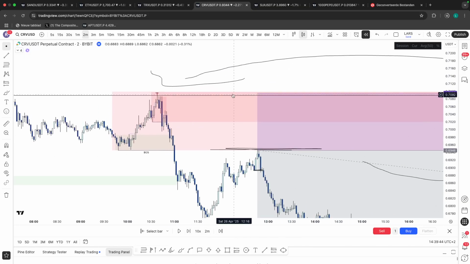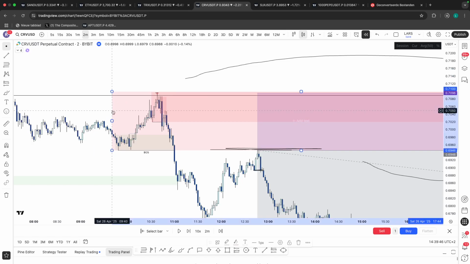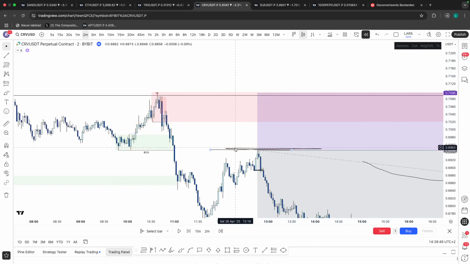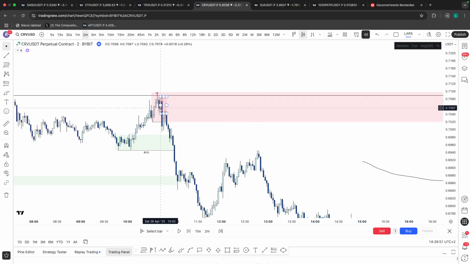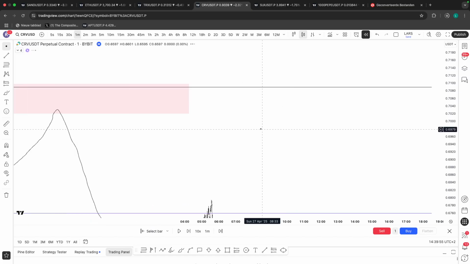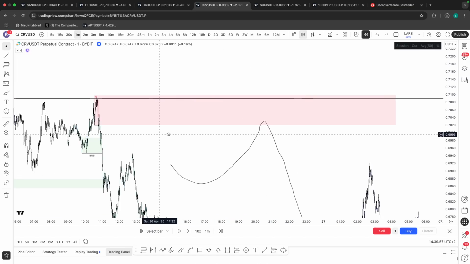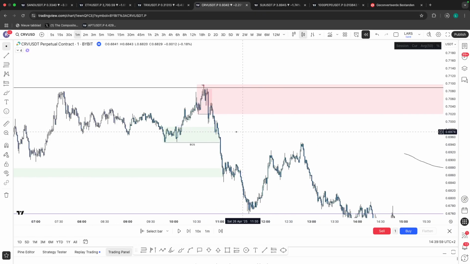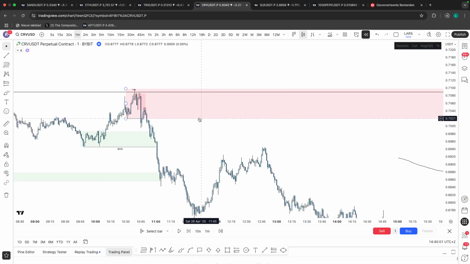So that 15-minute OBIF right here was already on a lower time frame that 1 minute breaker structure with the retracement. So technically speaking, there isn't any supply anymore above that high, because on the lower time frame, everything is already mitigated. And whenever that is the case, I am not putting importance on that 15-minute OBIF, because on the lower time frame, that was already mitigated.